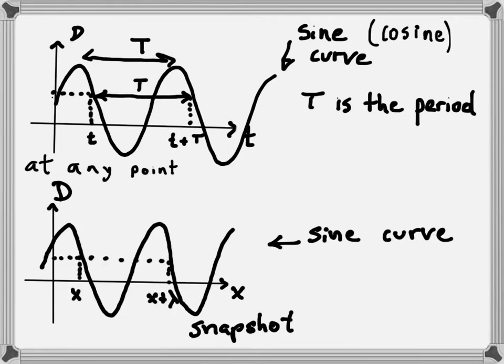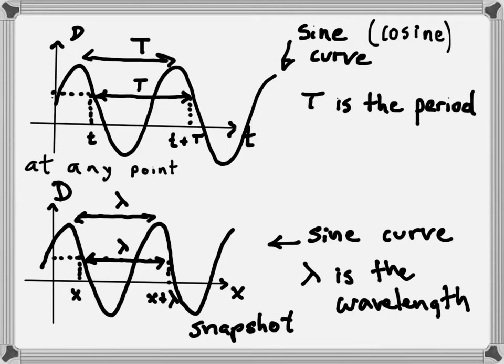And the displacement at any given point x will be the same as the displacement at a point x plus lambda, where lambda is a distance. Also in previous videos we talked about lambda as being the distance between a crest and an adjacent crest in a traveling wave. So lambda is the wavelength of this wave.